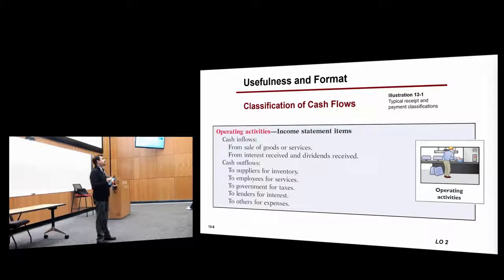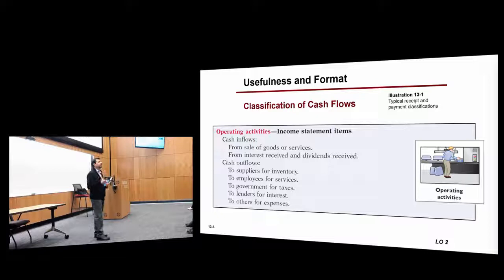Under operating activities, this shows you the cash inflows and cash outflows from operating activities. So cash inflows are cash receipts. When does the company receive cash? Now don't think about it from an accrual basis. Think about it in terms of cash.